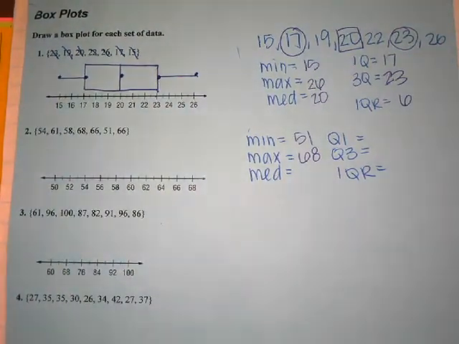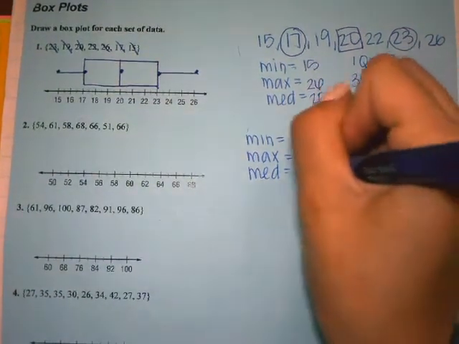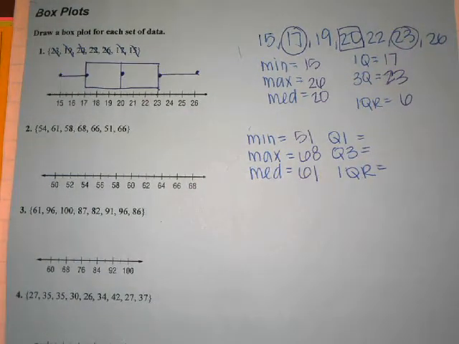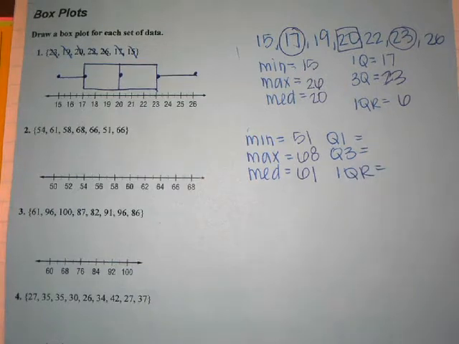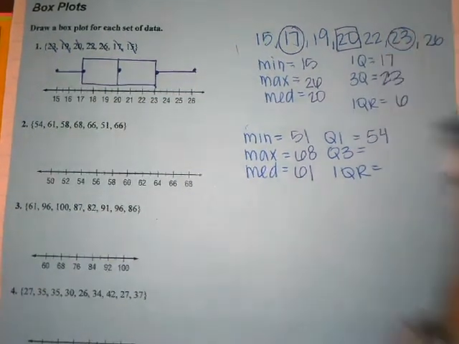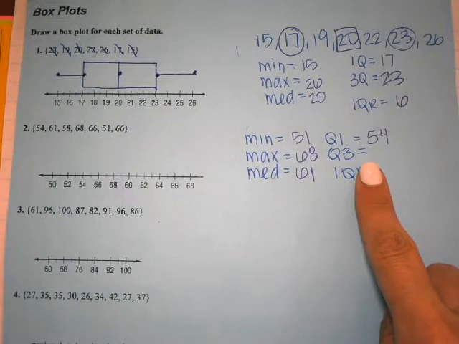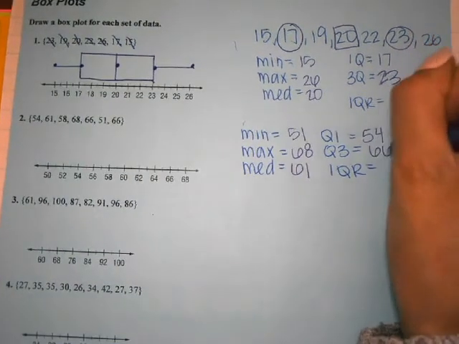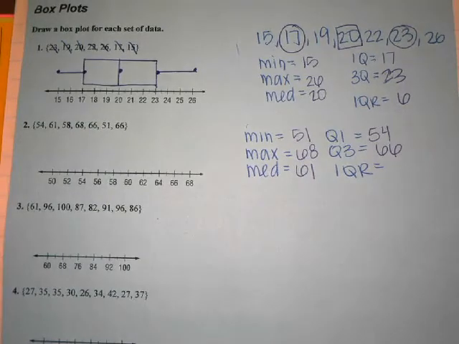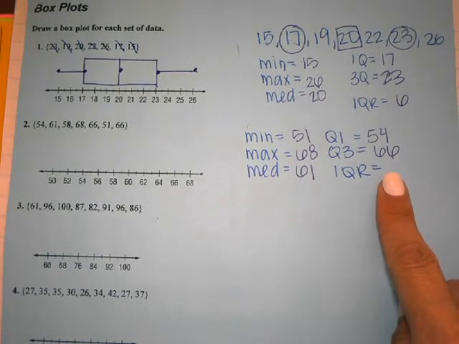What's the median? 61. What's the quartile 1? Sorry, say that again. 54. What's quartile 3? 66.